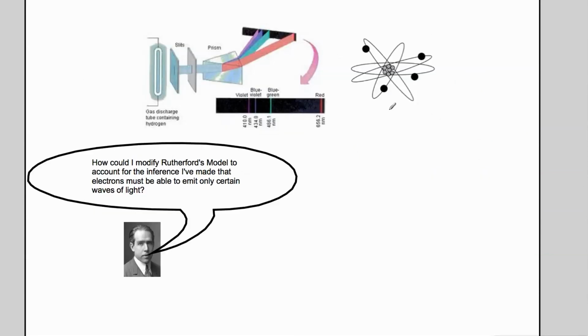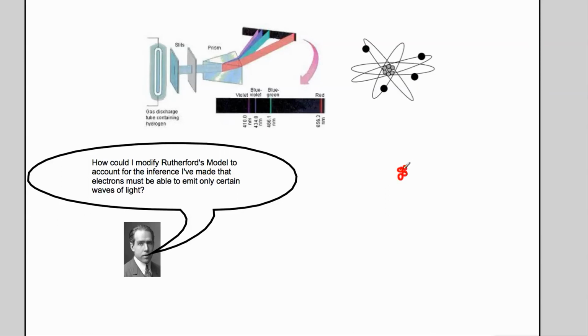Well, let's take a look at Rutherford's model, as Bohr might have. The electrons are all the same as each other, and they're all zipping around the nucleus, and there's nothing different there. They're all sort of going in random orbits. But I suppose what he might have thought is, well, what if we did something like this?